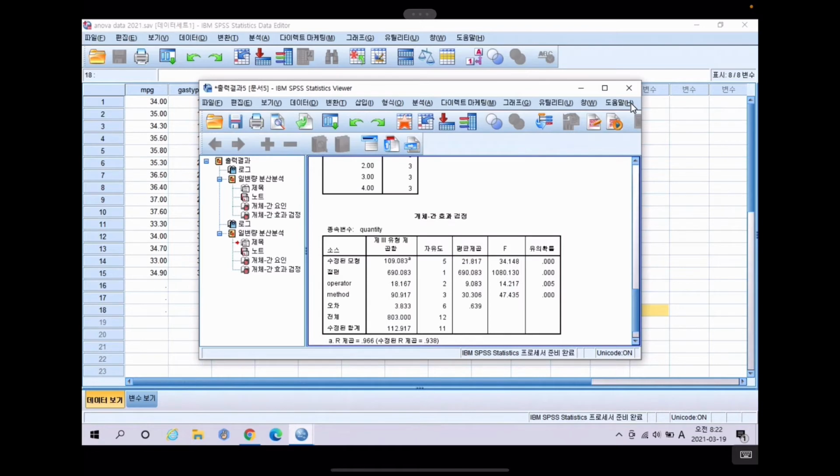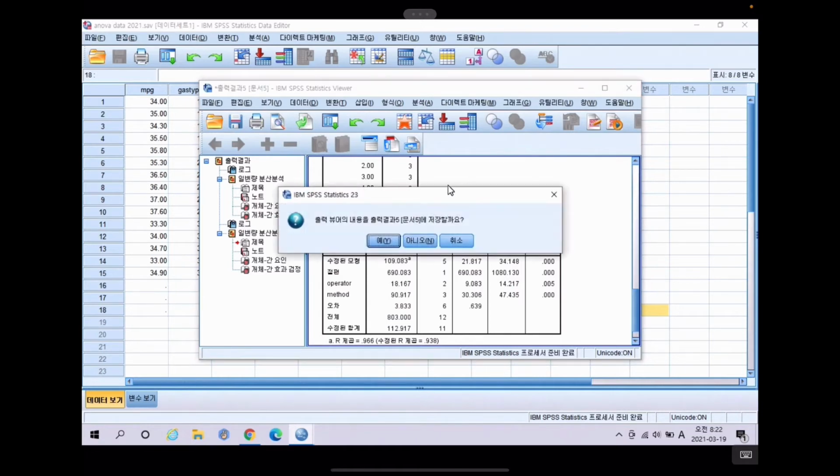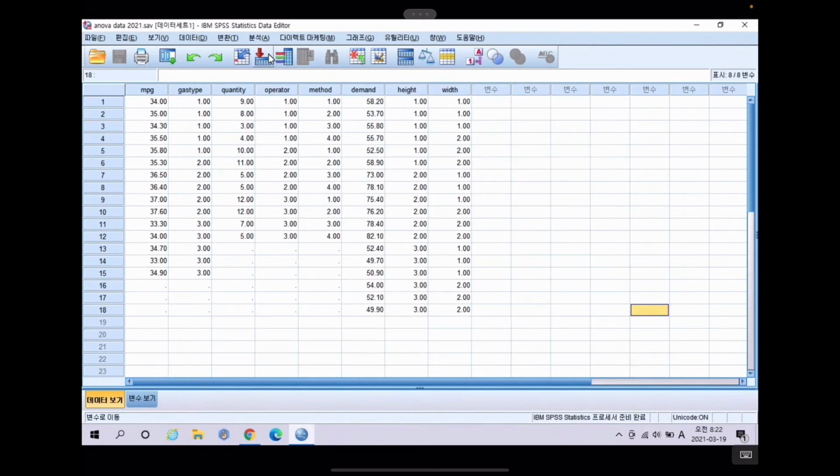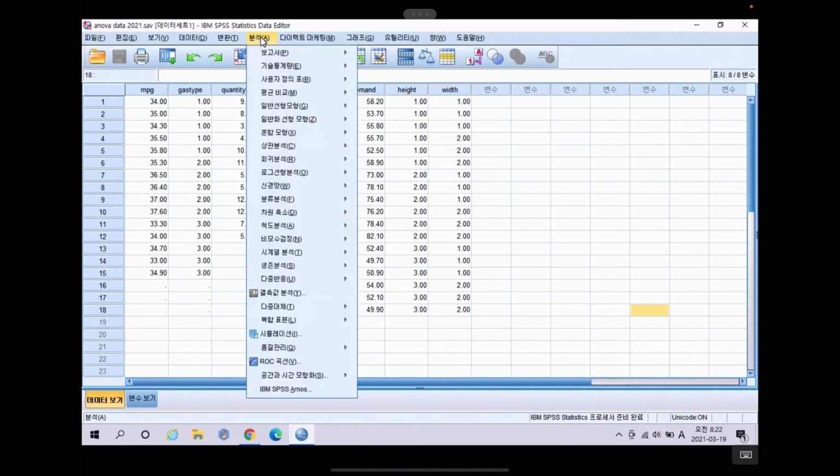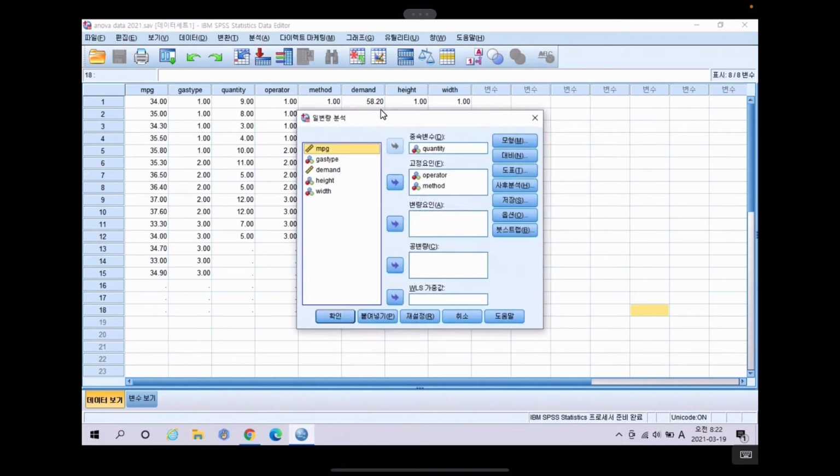Now let me show you the process again. Once you have typed in these numbers, you go to the analysis here, select general linear model, and select univariate. You move the dependent variable and the factors to the right, and you need to specify your model here.